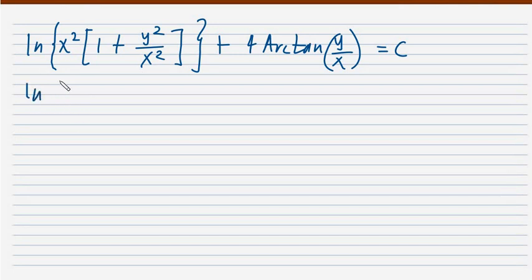Okay, so I will have here x squared times, let's get the LCD. The LCD here will be x squared, and the numerator will be x squared plus y squared.